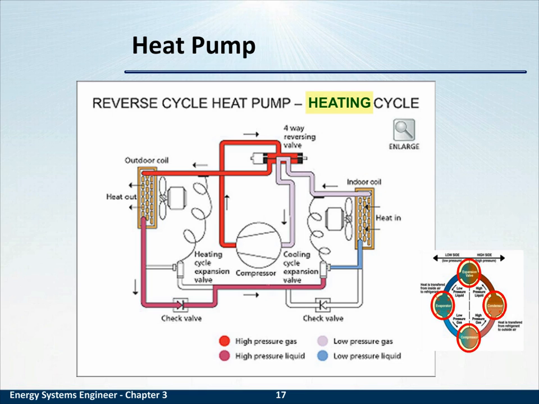Its ability to be operated in a heating cycle makes it unique. If you reverse the flow in the heating cycle, you get to see in a heat pump, the outdoor coil isn't always acting as a condenser or as an evaporator. It depends on which direction the fluid is flowing.